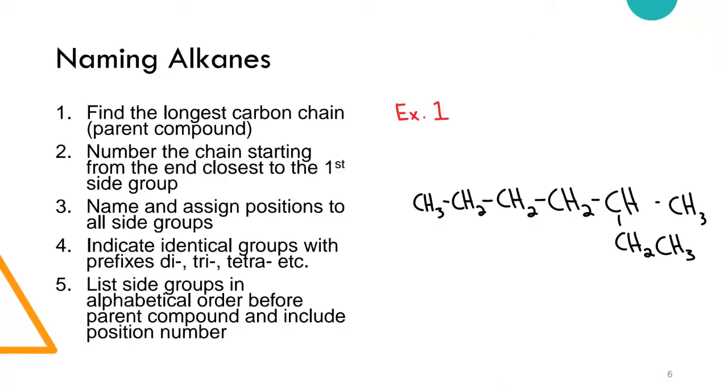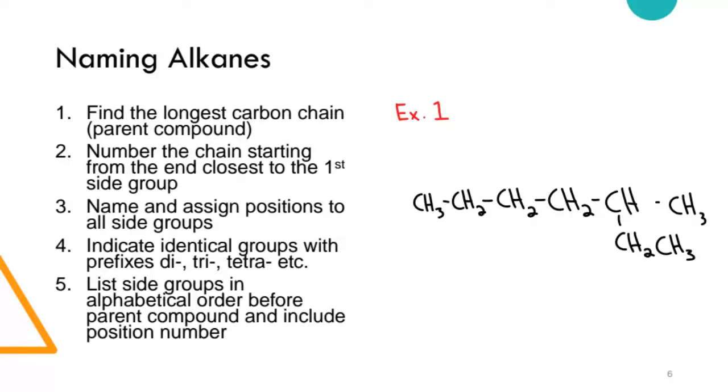So then we talked about naming alkanes. I have a few examples here we can go over. Your first step in naming alkanes is to find your longest carbon chain, and that's going to be your parent compound. Looking at this, you might be tempted to just pick the straight one, but that's not always the case on which one's the longest.